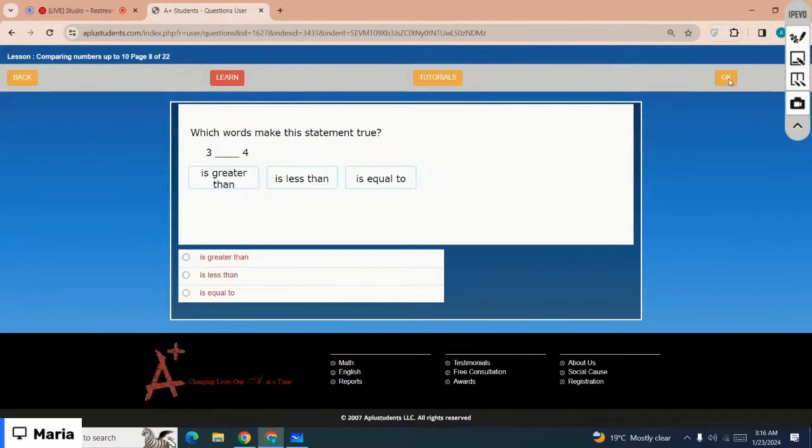The next one is which words make the statement true? 3 and 4, which is the correct option? 3 is less than 4 or greater than 4?